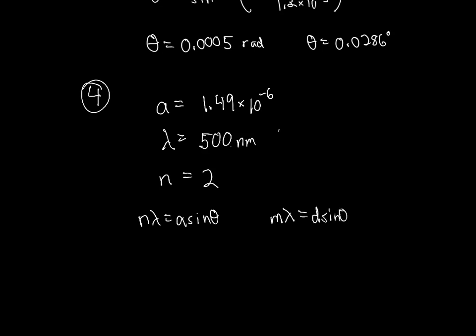In interference, this equation, I think I mentioned this in the lecture, predicts where bright spots are. That gives you where the bright bands are. In diffraction, this equation doesn't give you bright spots. It gives you minima, the dark spots.